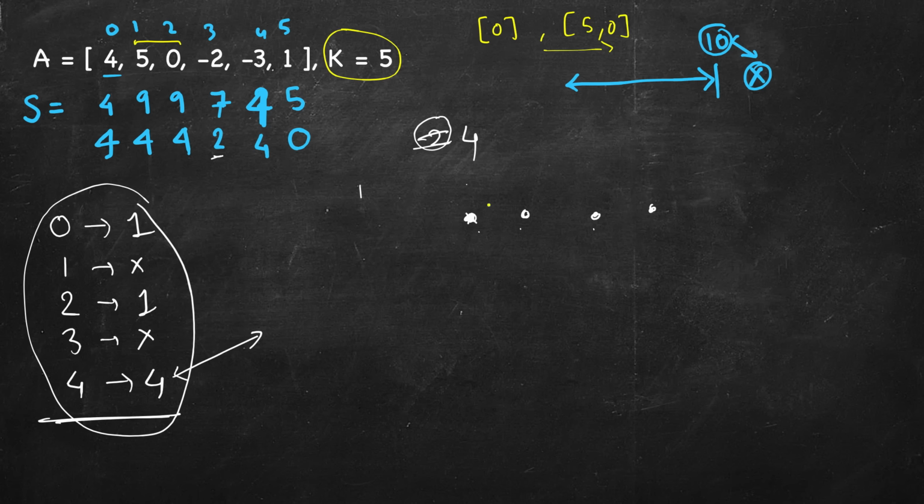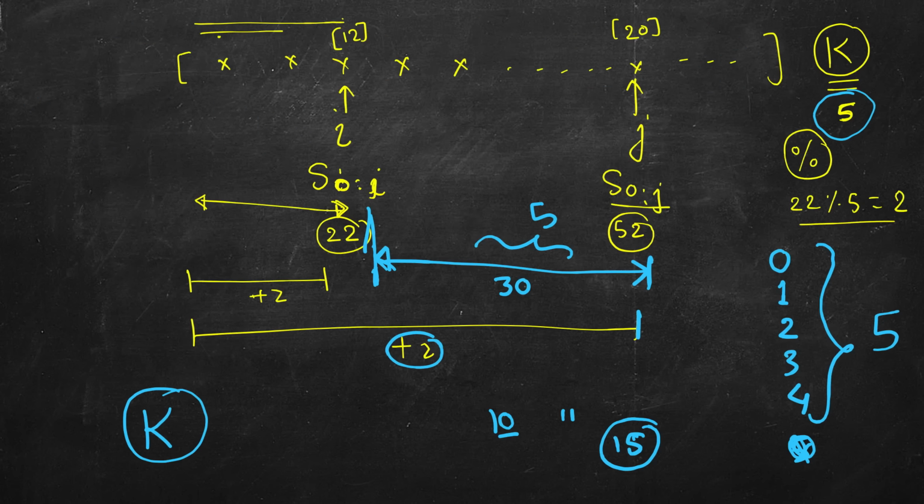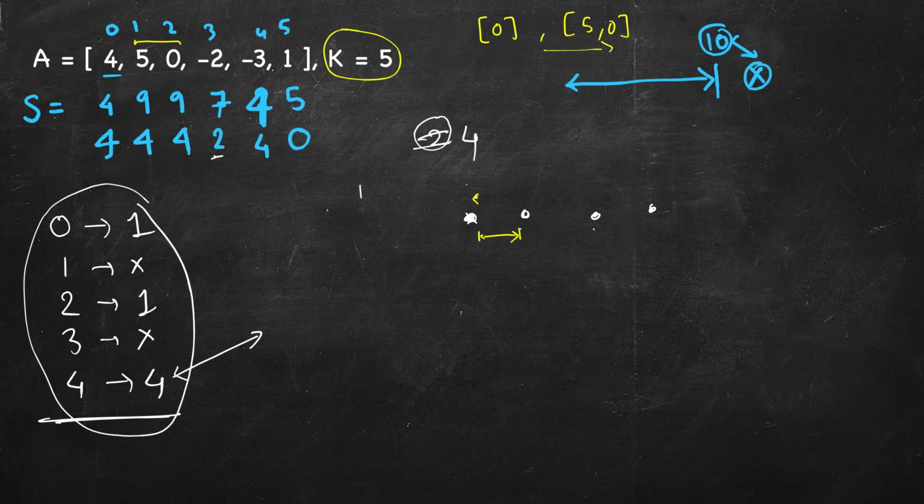So what we said that after this, from here to this will be completely divisible by 5. And we had seen the logic here. The same will be true if we pick any 2 indices. So how many such subarrays can be there? N choose 2. And in this case we have 4.